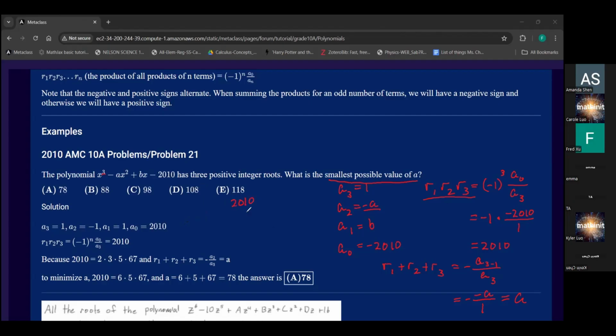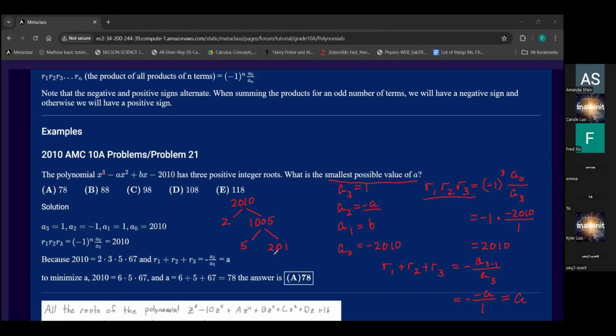So 2010 divided by 2 is 1005. And since this ends with a 5, you automatically know this is divisible by 5, which is another prime number. Then 1005 divided by 5 is 201.